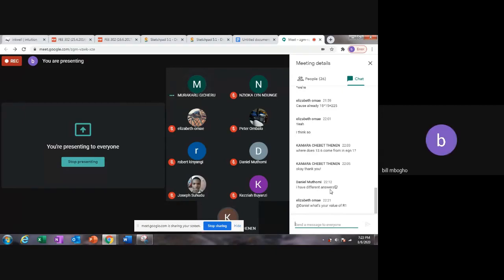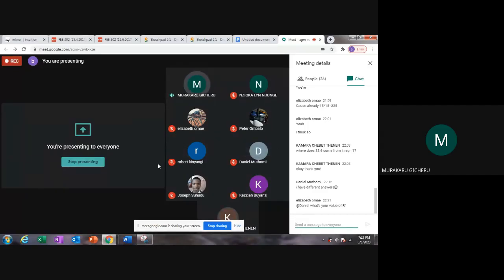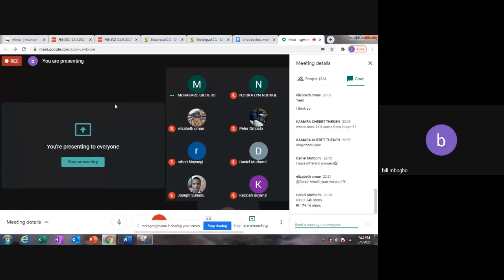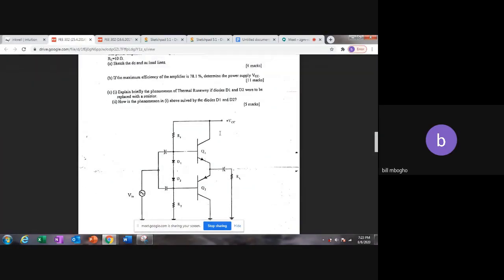Bill, yes. I have another question. In what cases do we consider ICQ to be equal to 0? Okay, as per the notes, you can see that here there is no resistor. So that's the argument that is taking place.